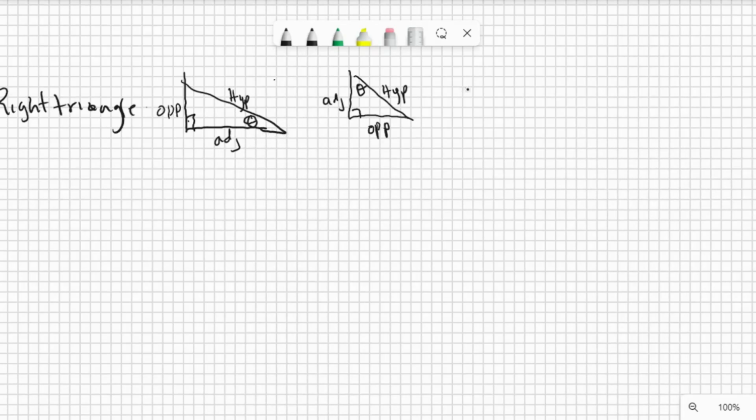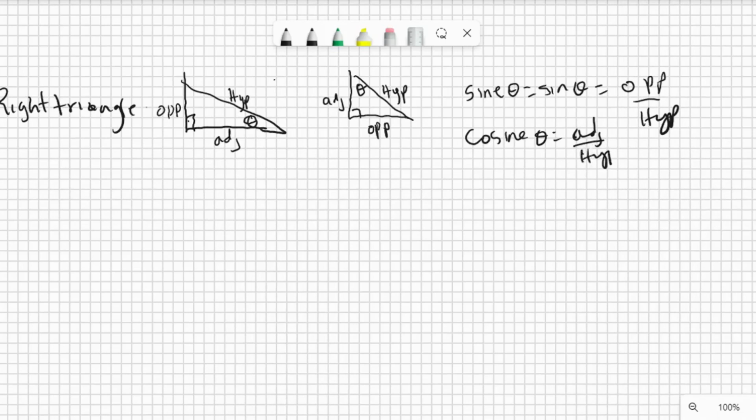So we define sine of an angle. We say sine theta, or we write it short as sin theta. Sin theta is always opposite over hypotenuse. Cosine is a ratio between the adjacent and the hypotenuse.